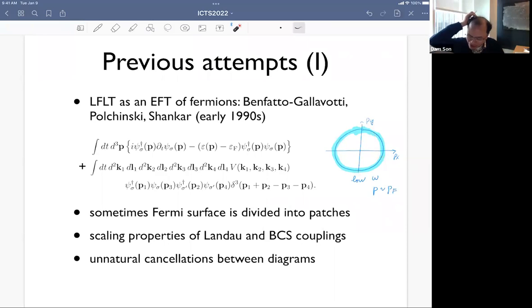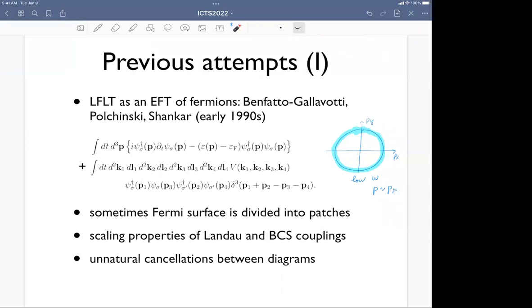Counting the behavior of p1, p2, p3, p4 as we do Wilsonian renormalization group is non-trivial. If we try to do that, there is a natural way to see, as shown by Polchinski and Shankar, that the scaling properties of Landau and BCS couplings can actually be understood in this picture.